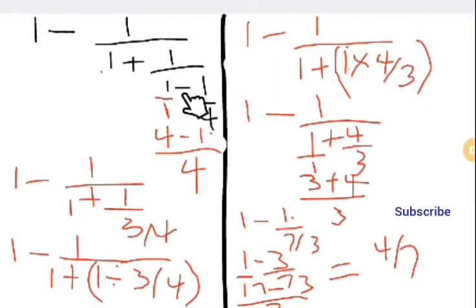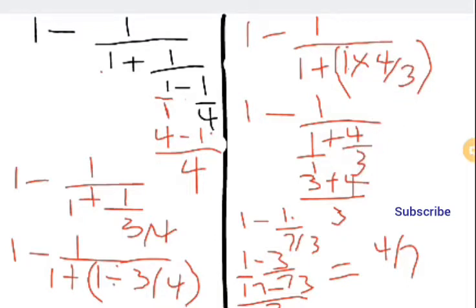So in a nutshell, the first thing I did here is to find the LCM. When I got 4 and solved using LCM, I got 3 over 4. Finding the reciprocal of this, we have 1 divided by 3 over 4, and the division sign changed to 4 over 3. I told you this will come up, this will go down. 1 multiplied by 4 over 3 gives 4 over 3 here.